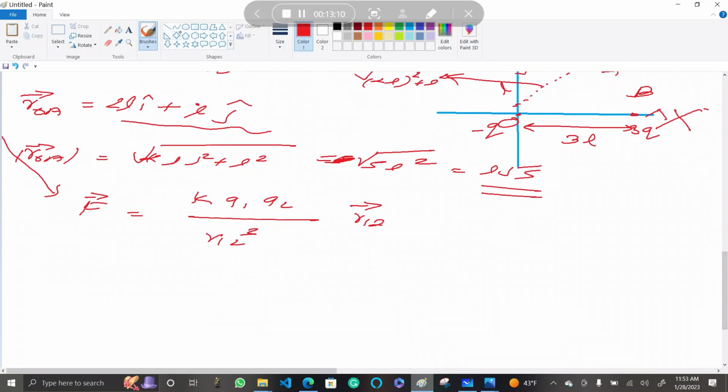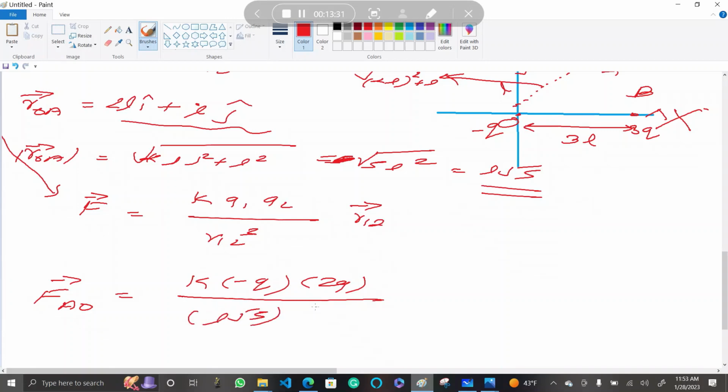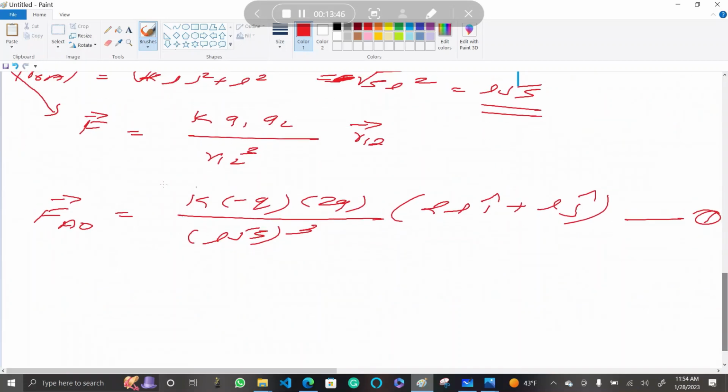So here I would write the force at the charge at A because of O is equal to k times minus Q into 2Q, divided by the distance between them, L root under 5, whole cube, into the direction given by the vector OA. The r12 vector is the r OA vector, which is 2L i vector plus L j vector. This is the first expression.